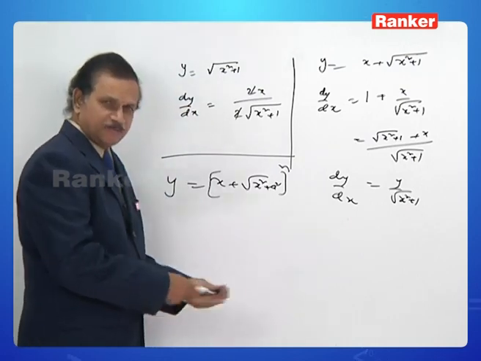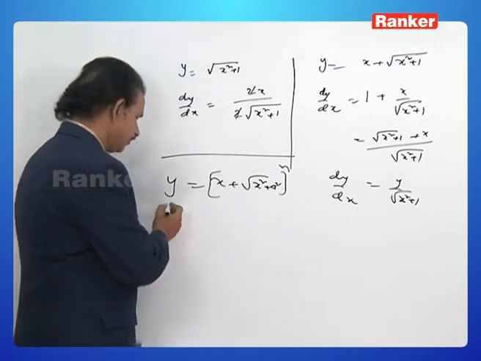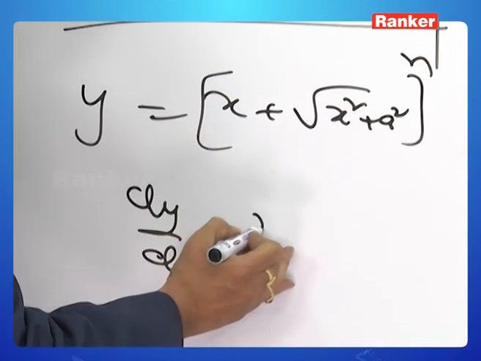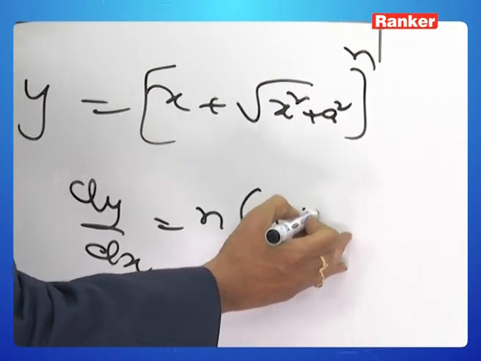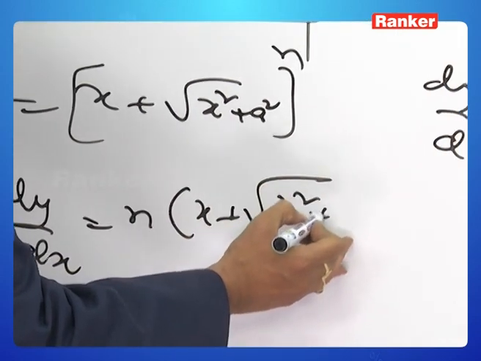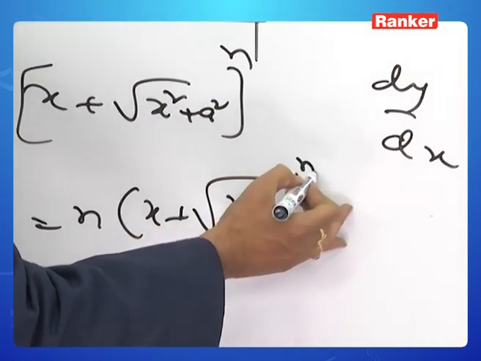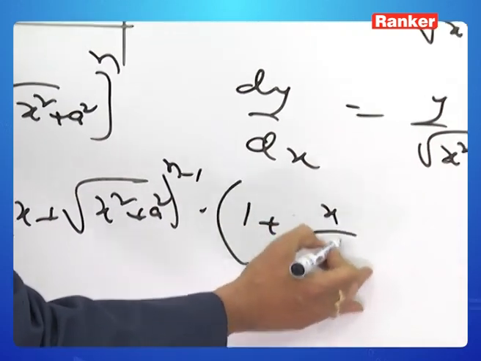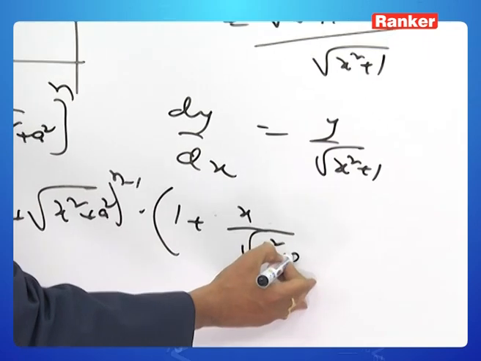Okay, let us observe its proof. dy by dx is equal to n into (x plus root of x square plus a square) whole to the power of n minus 1 into (1 plus x by root x square plus a square).